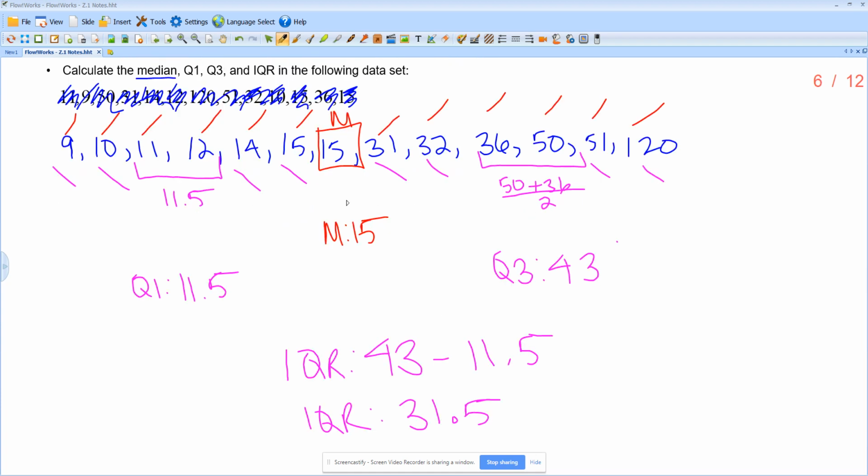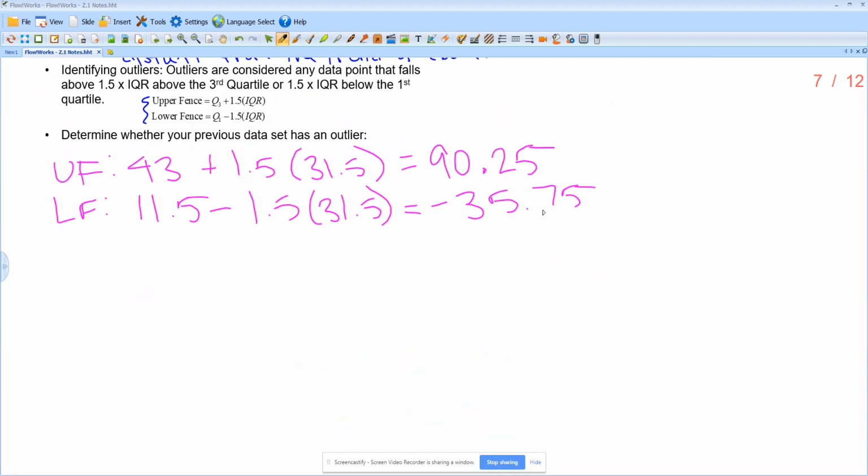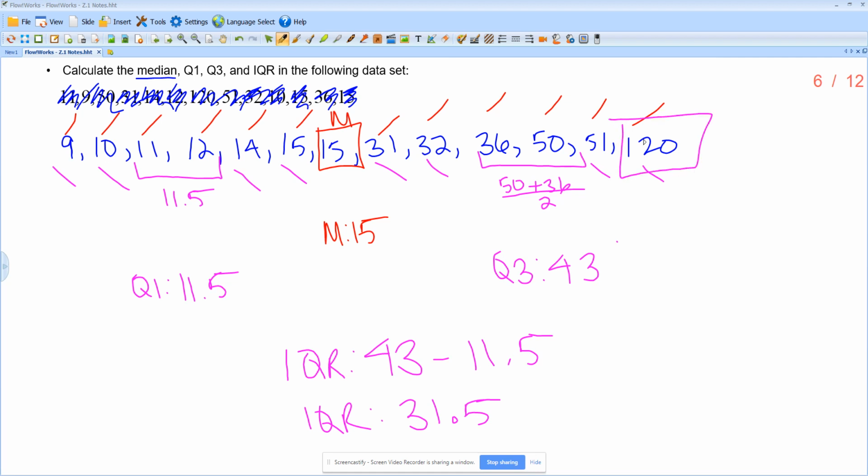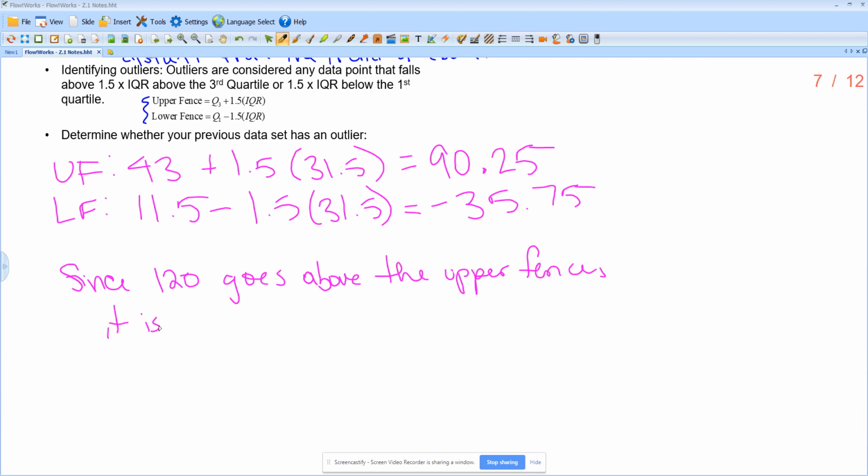Looking in our data then, nothing goes below negative 35.75, but there is one number that goes above 90.25. So we can say here that since 120 goes above the upper fence, it is considered an outlier.